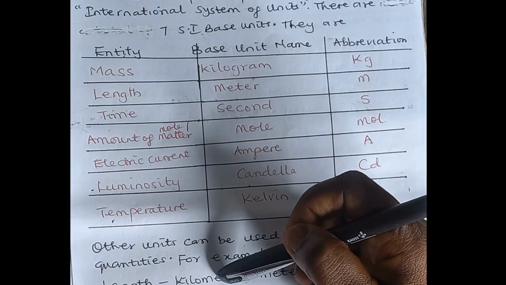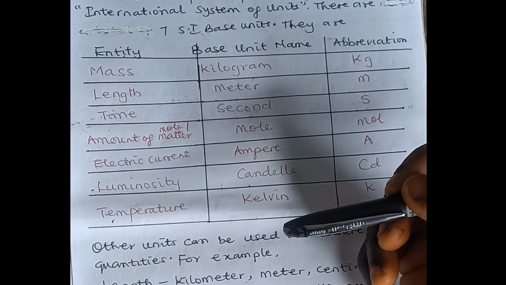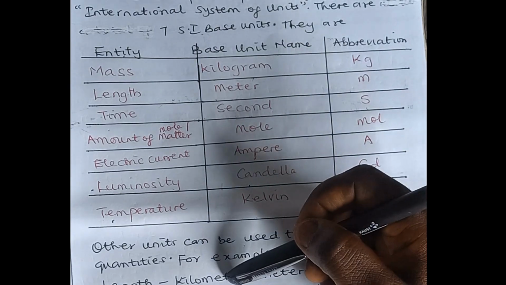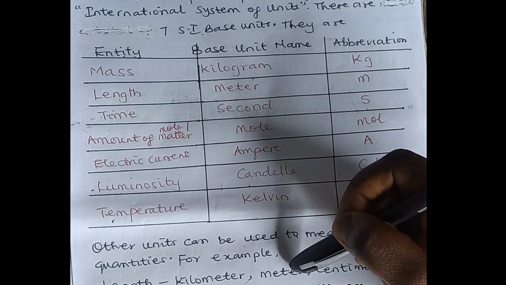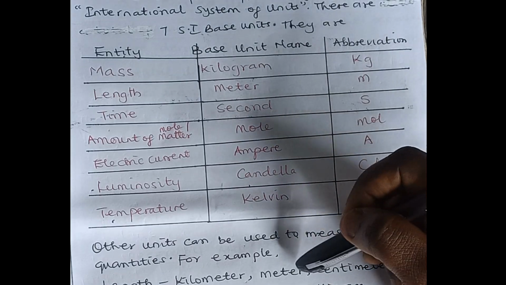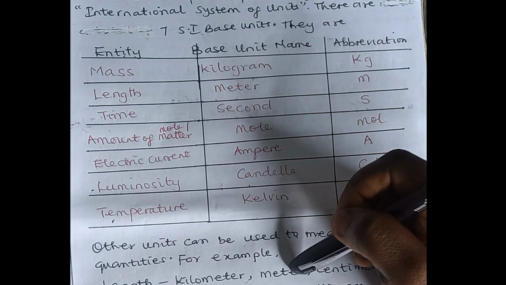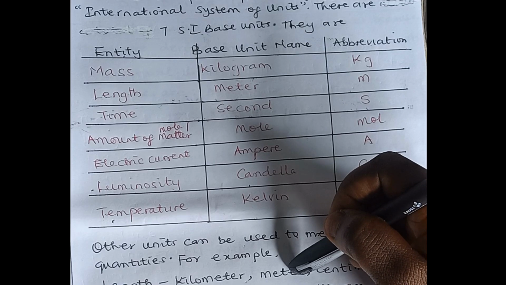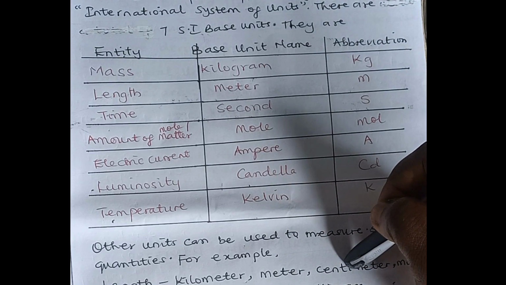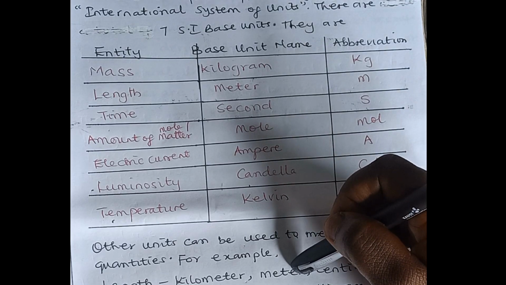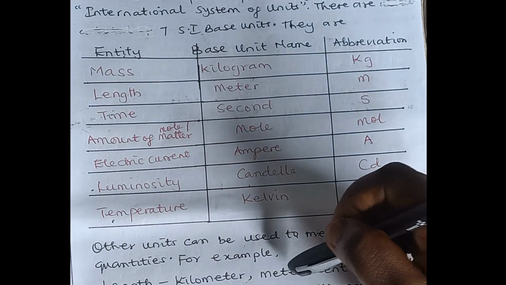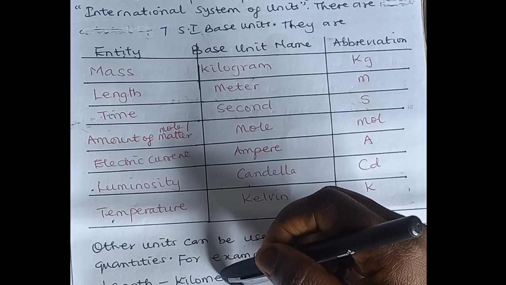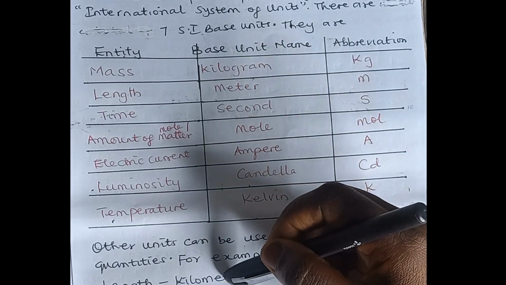Kilometer contains 1,000 meters, while 100 centimeters make 1 meter. So if you have 200 centimeters, it is 2 meters. But a kilometer is 1,000 meters. So 2,000 meters is 2 kilometers.